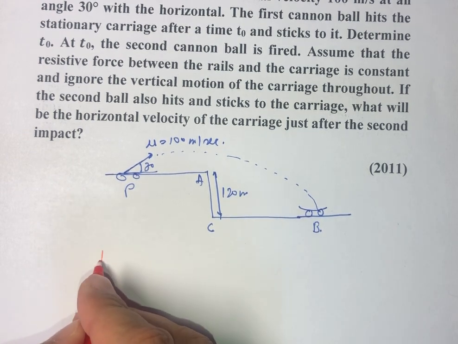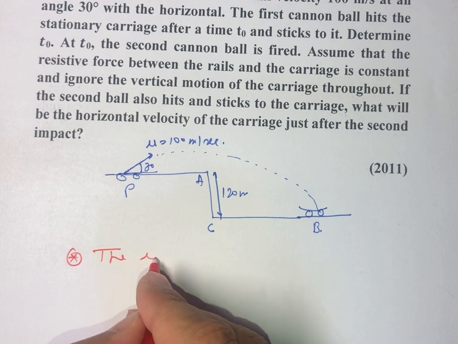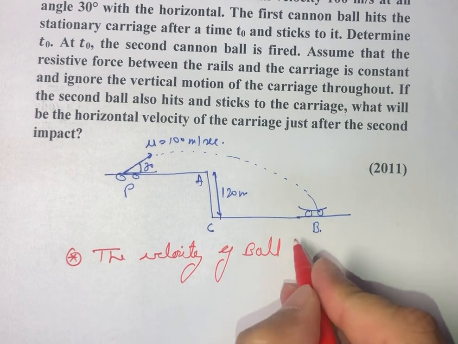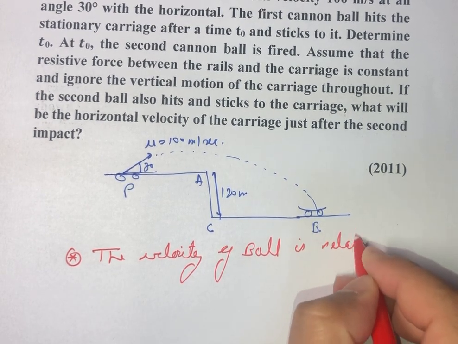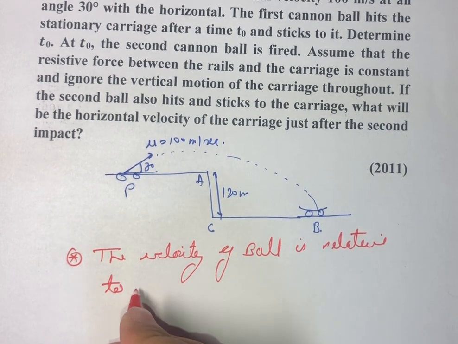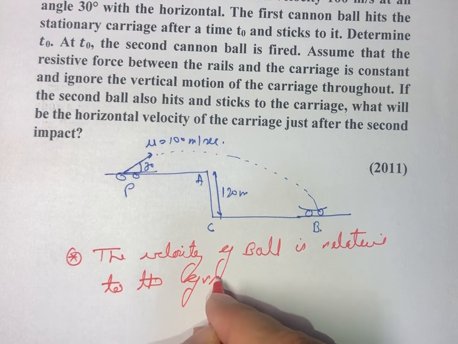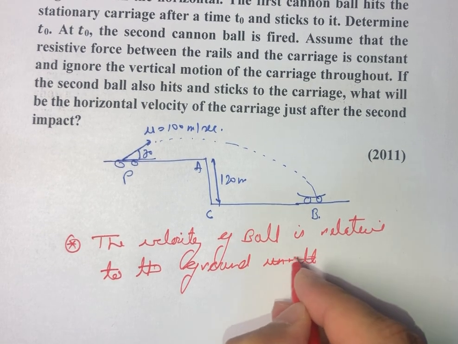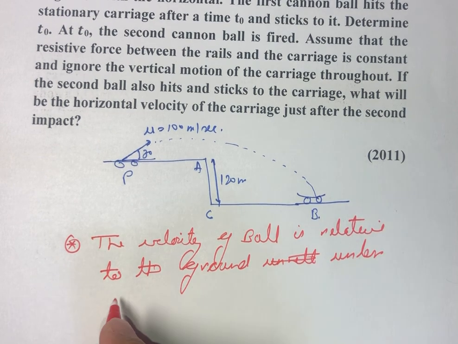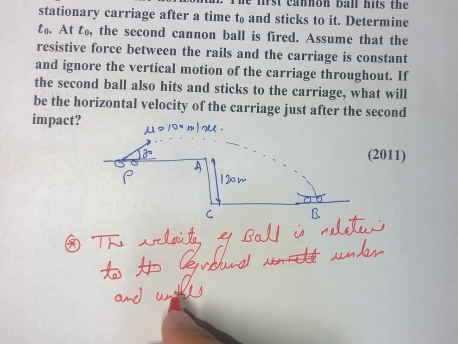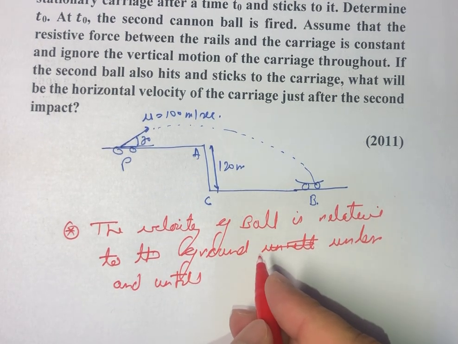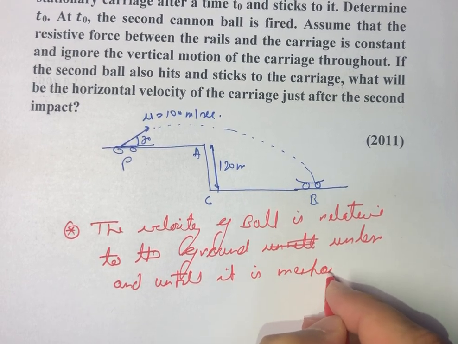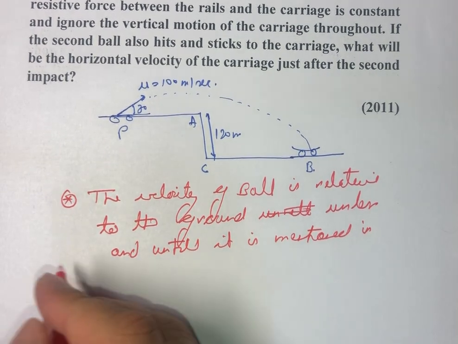So we can say the velocity of ball is relative to the ground, unless and until it is mentioned in the question.